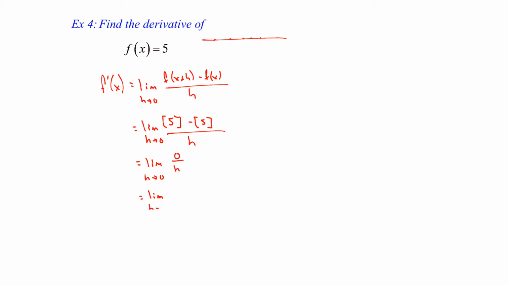So the limit as h approaches 0 of, once again, that 0 value is equal to 0. So we have f prime of x is equal to 0. All right? And once again, think about that. That's the slope of the tangent line. What is the slope of this function that's a horizontal line? The slope was always going to be 0. So it makes sense that the derivative is 0.